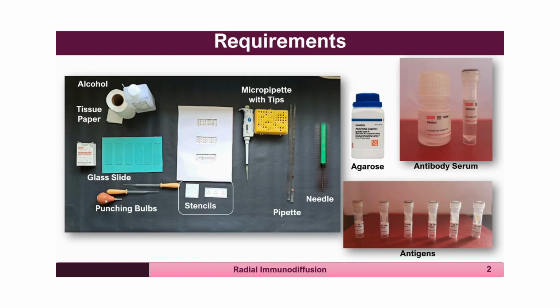The rubber punch is made up of a rubber bulb with a steel bore or an improvised device where a micropipette tip can be attached to that rubber bulb, and the tip of the micropipette tip is cut so that you will get about 3 millimeter diameter when you use it to punch the agarose gel.